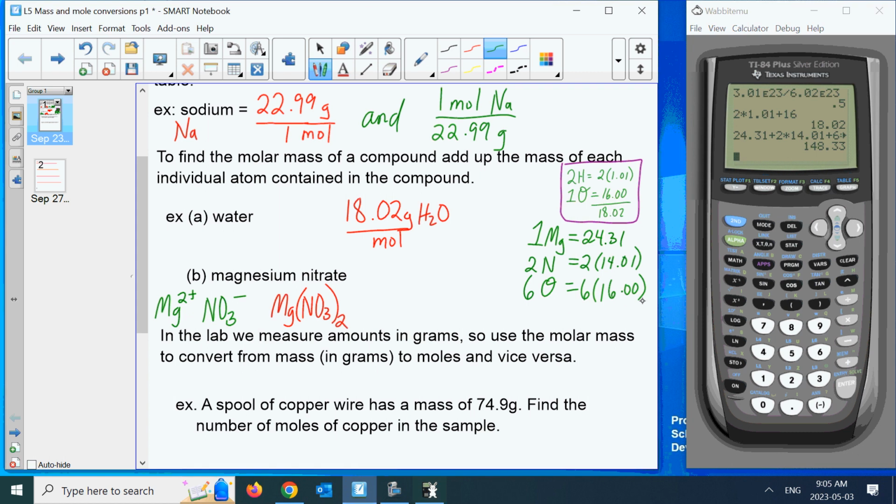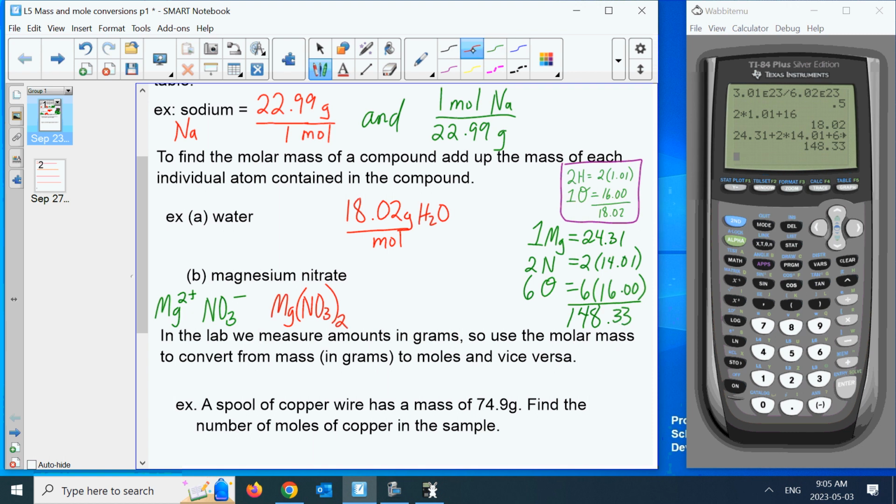I put that here. This isn't the final answer for this problem. 148.33. That's my scratch work that I did on the top. So I still haven't answered the question directly. Find the molar mass of the compound. To find the molar mass of the compound, add up the mass of each individual atom of the compound.